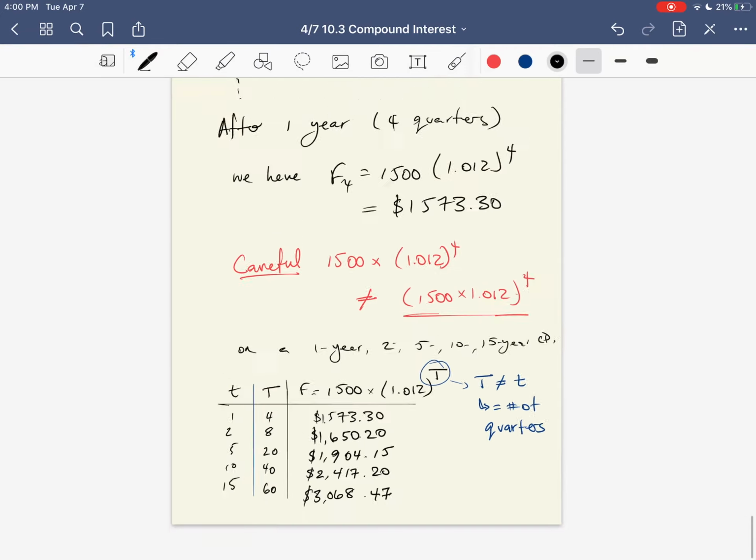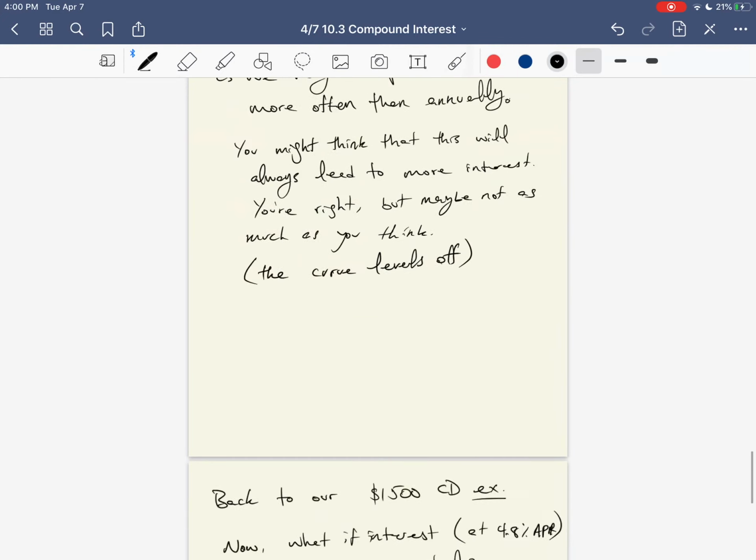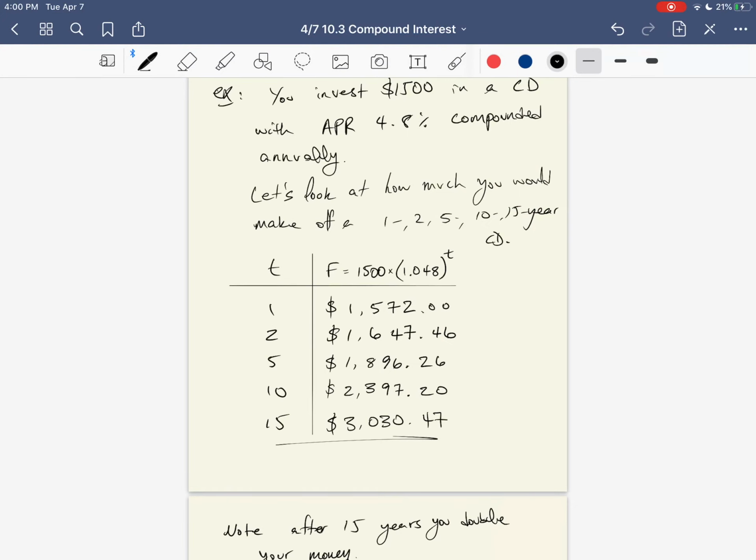Interesting. This is actually not so different than our original table. You'd think that maybe if it was compounded 4 times a year instead of once a year, the amount of money you have after 15 years should probably change quite a bit.